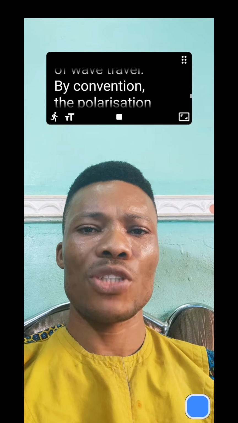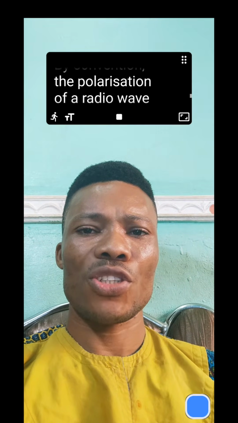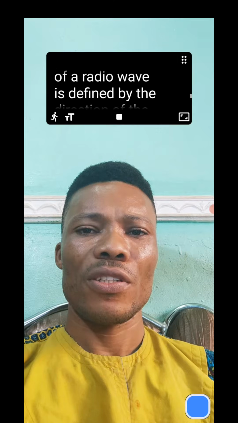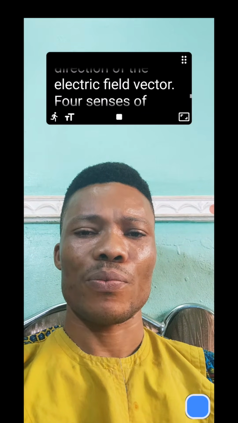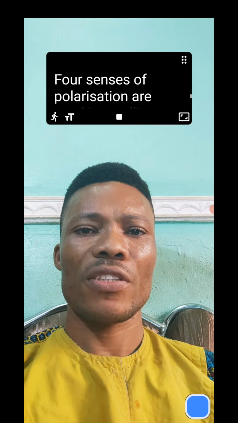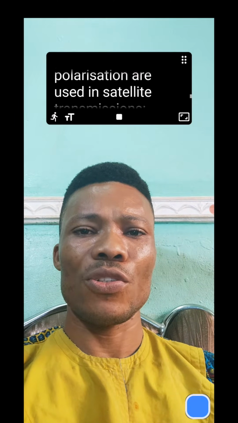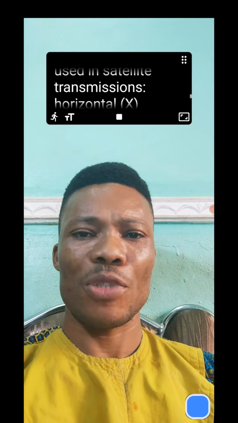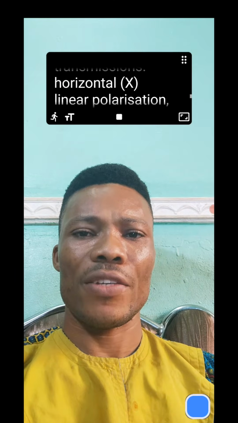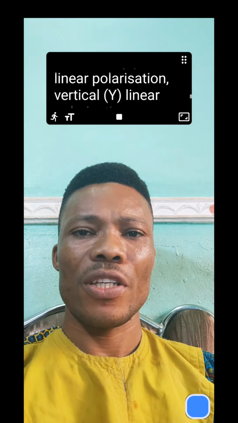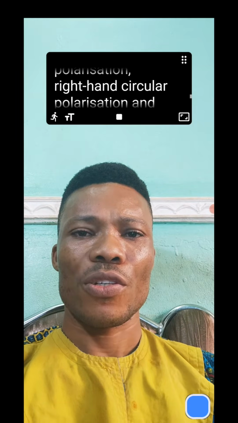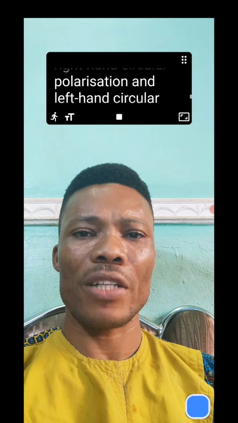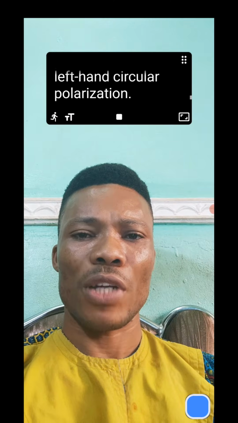By convention, the polarization of a radio wave is defined by the direction of the electric field vector. Four senses of polarization are used in satellite transmissions: horizontal, which is linear polarization; vertical, linear polarization; right hand circular polarization; and left hand circular polarization.